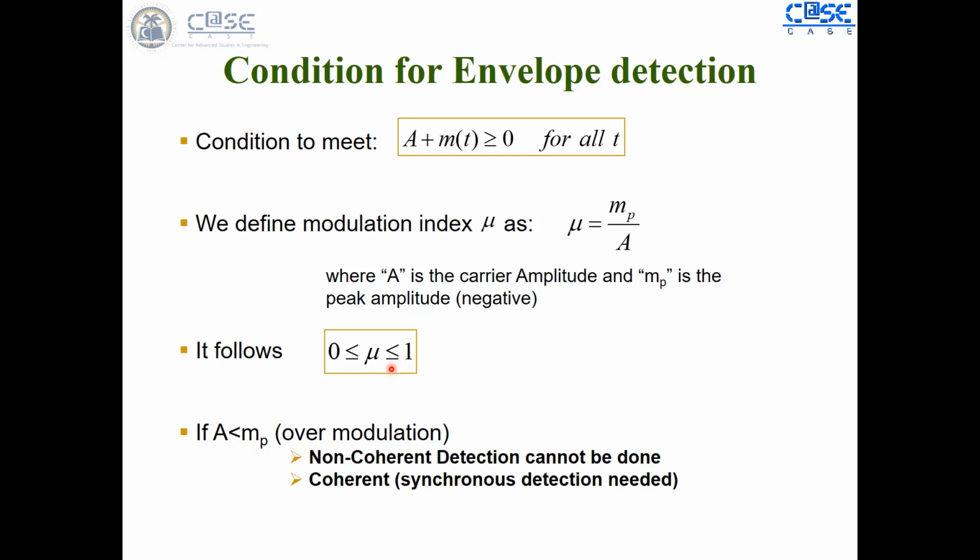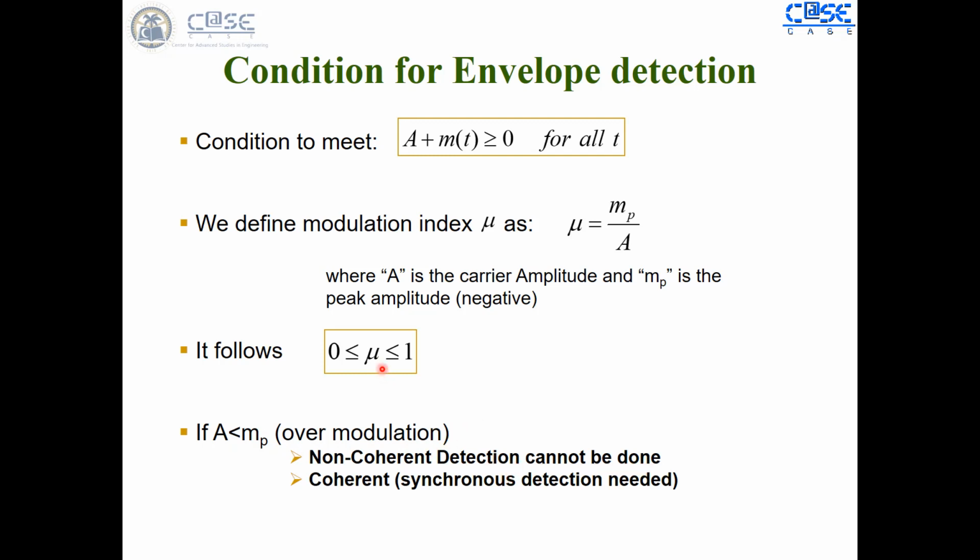It is best to keep mu near 1. Why? Because in that case your A will be equivalent to the bare minimum required, equivalent to MP, in the best case scenario. If A is less than MP, you are doing over modulation, and non-coherent detection cannot be done.